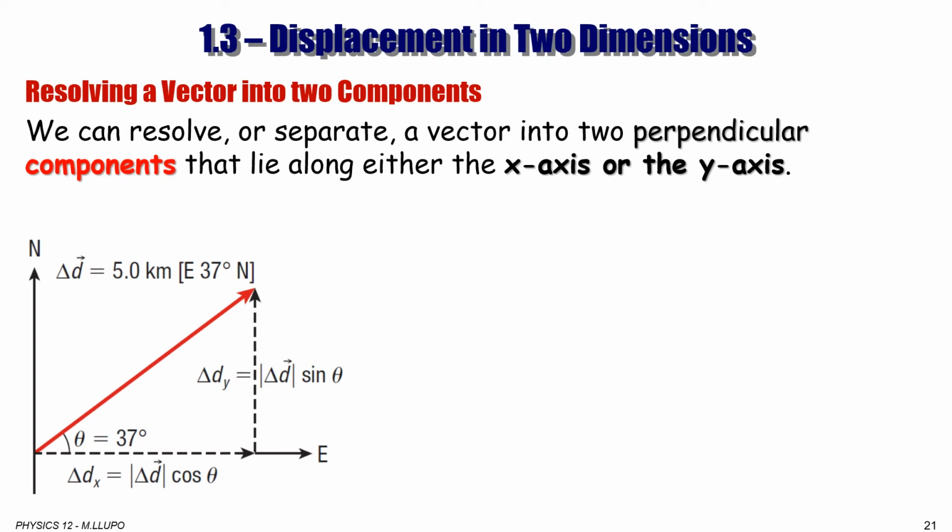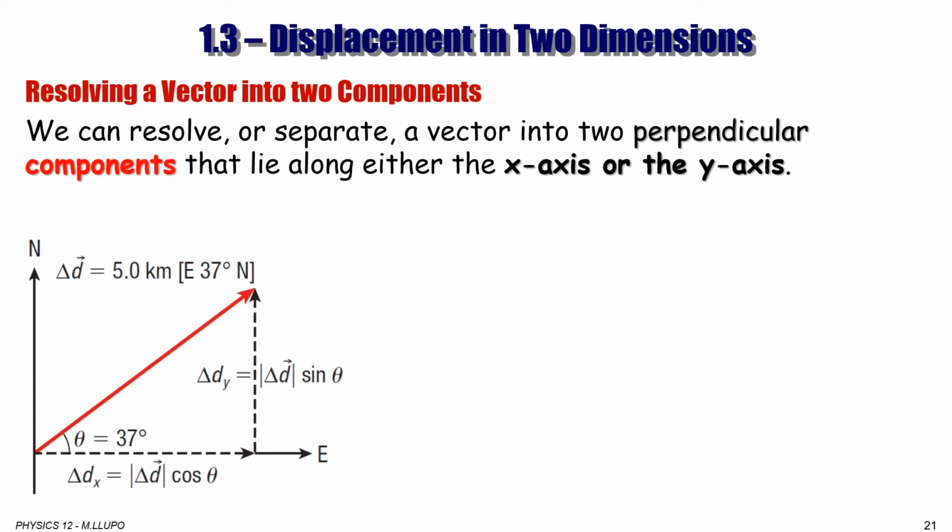Now we have to find two components of that displacement, x and y components. The x component is always along the horizontal one, which is the east direction this time. And y is always perpendicular or vertical, which in this case is north.